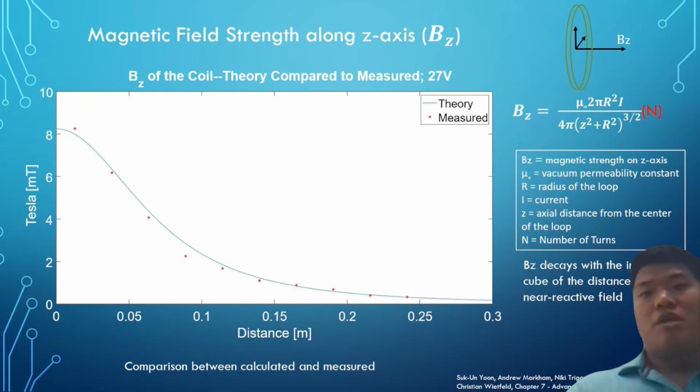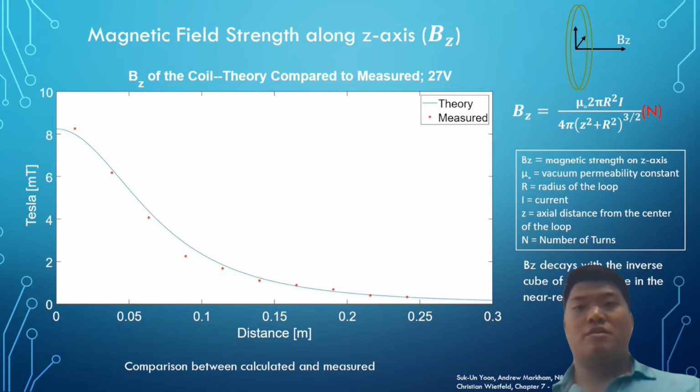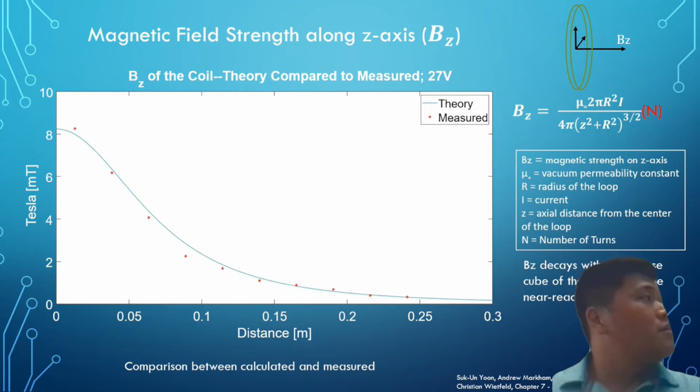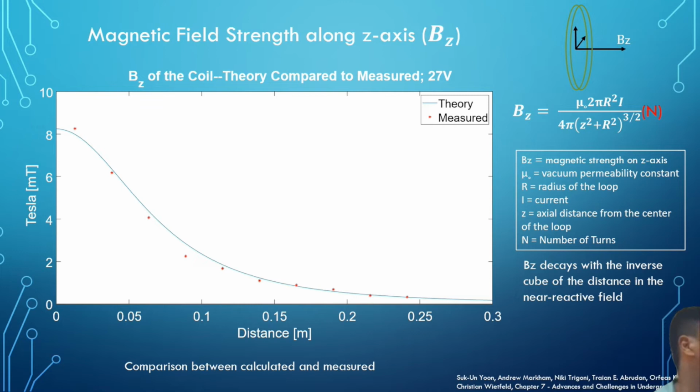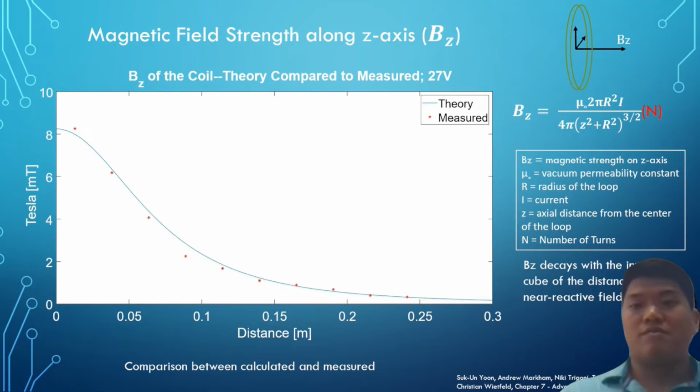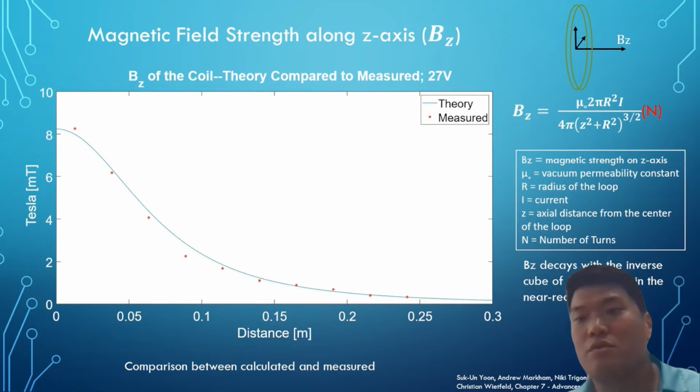The blue line represents the theorized value, and the red dot is my measured value. They seem to line up pretty close to each other, and this also verifies that the axial magnetic field strength decays with the inverse cube of the distance in the near reactive field.